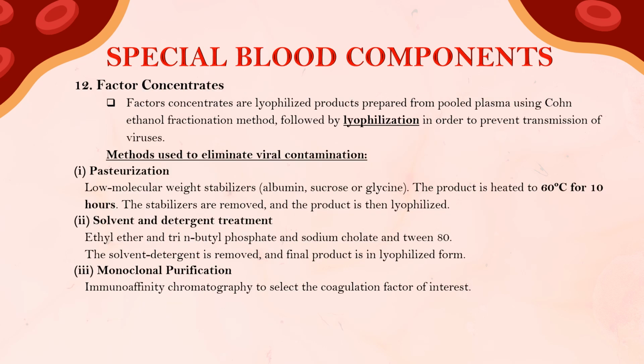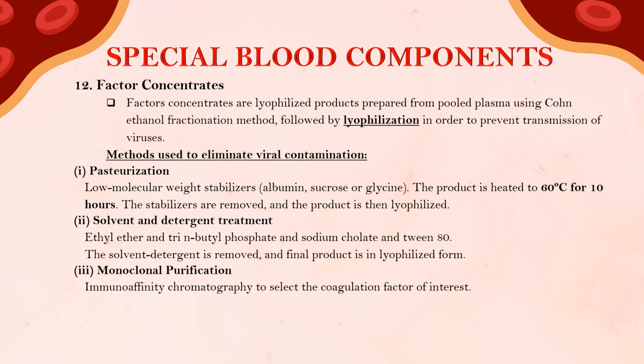Okay, next are your plasma derivatives, or your factor concentrates, or your coagulation factors. Particularly, these are harvested from pooled plasma using Cohn ethanol fractionation and followed by lyophilization in order to prevent transmission of viruses. We have three methods in eliminating viral contamination of these products.